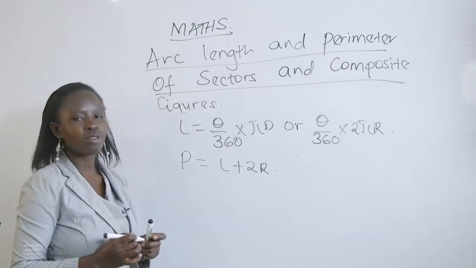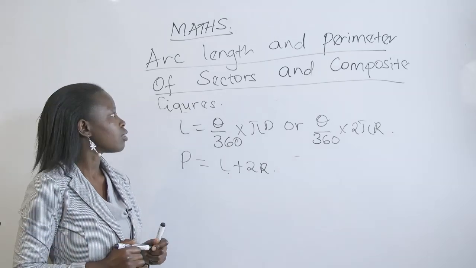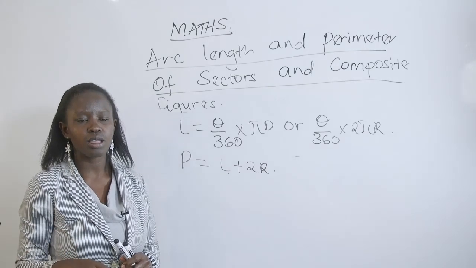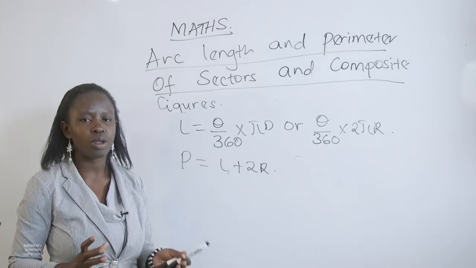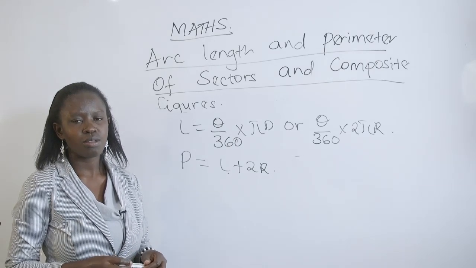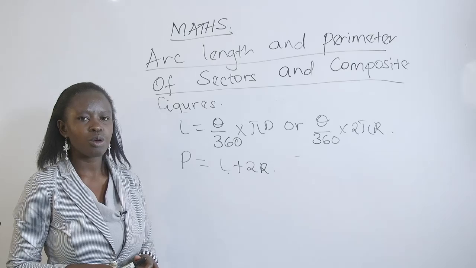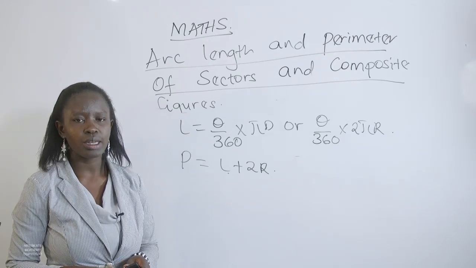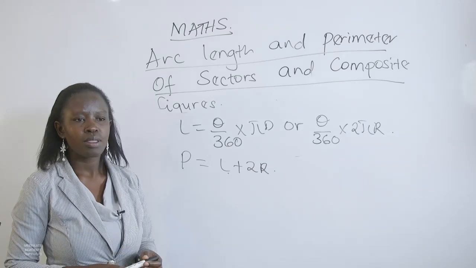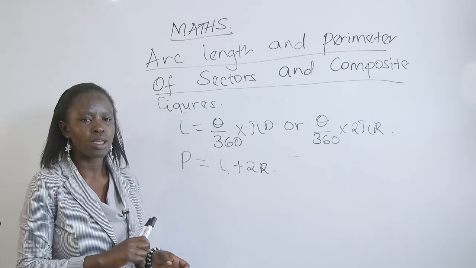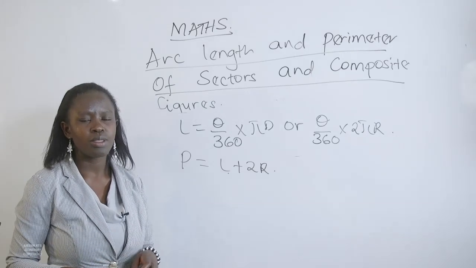Then for the composite figures, we are first saying that a composite figure is a figure that contains more than one of the basic figures that we know. So when you're having a figure that has more than one shape, what you need to identify is the distance around the given figure.